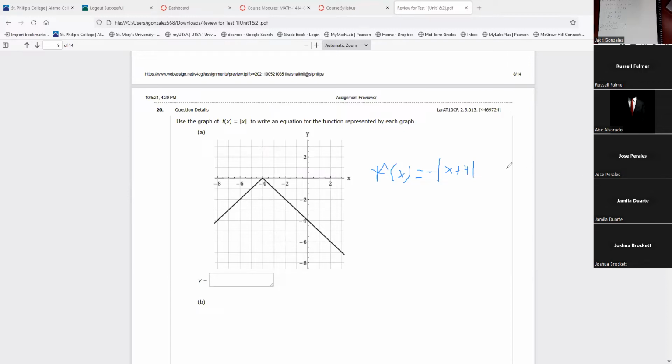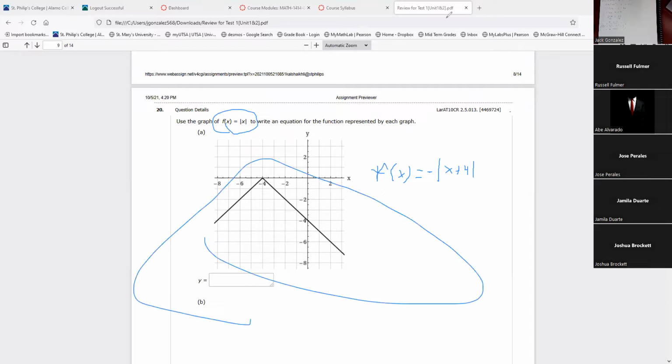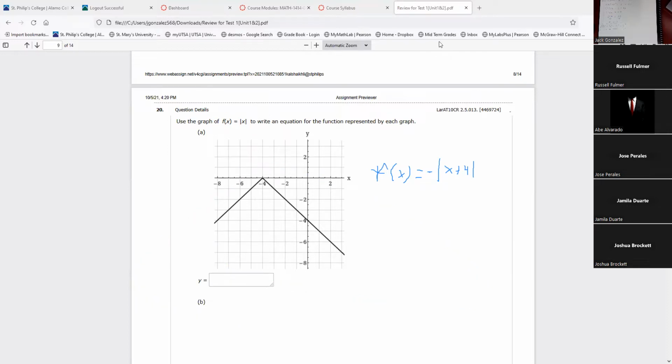And the k will be 0 because it's not being shifted vertically, just horizontally. So that's all you'll do for number 20. All you need to remember is, what does this look like? What kind of transformations have they done? And that's it. Nothing crazy.